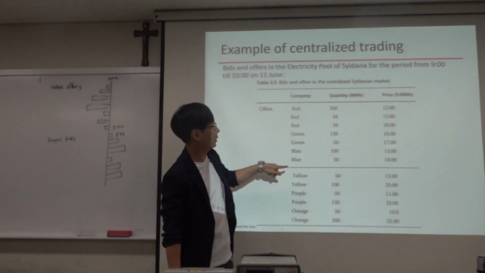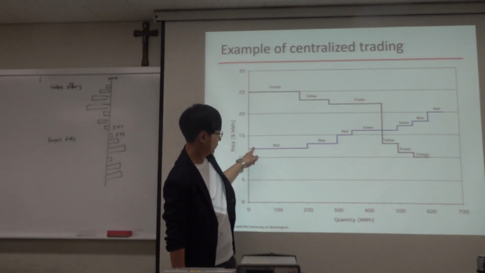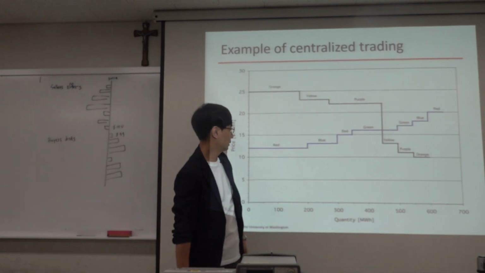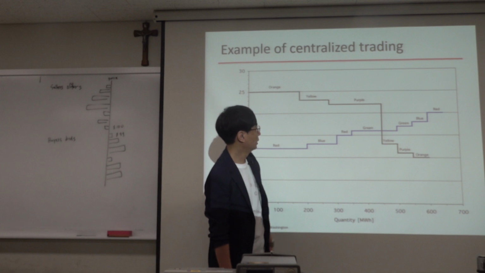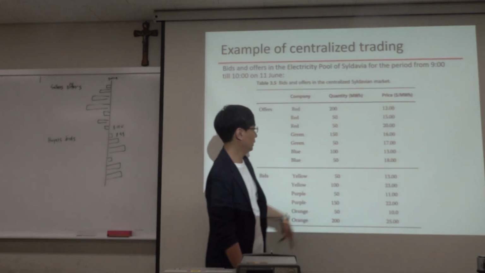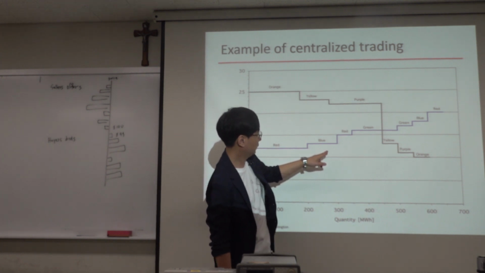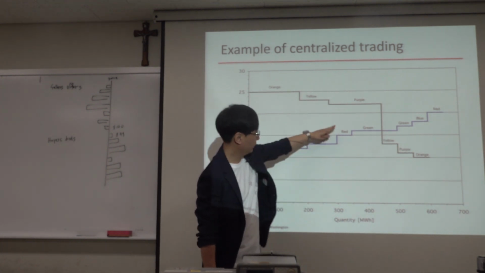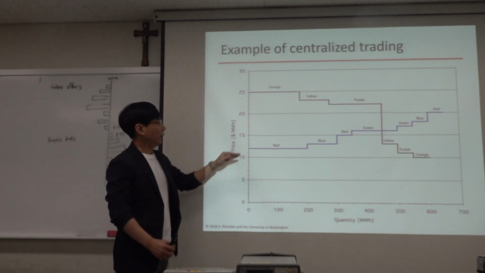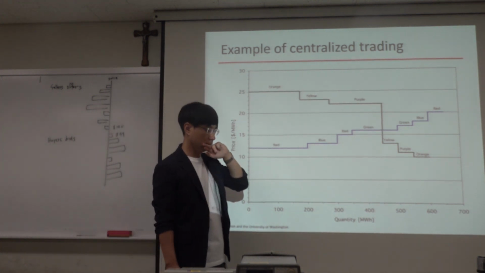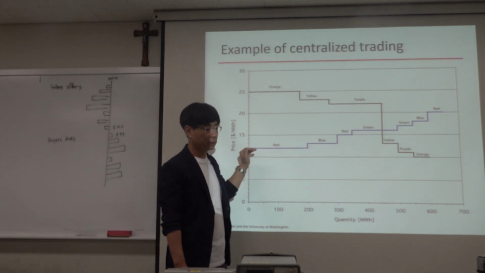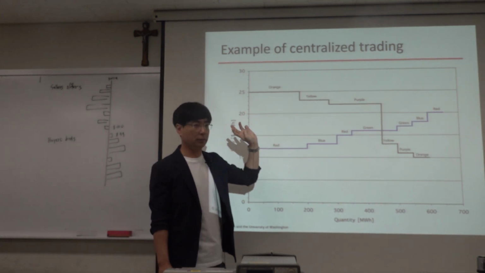$12, and the amount is 200, right? And then $13, 100. And next is $15, 50, and so on. So you can think this is very similar to the marginal cost supply curve.